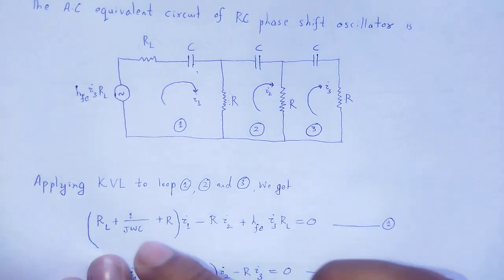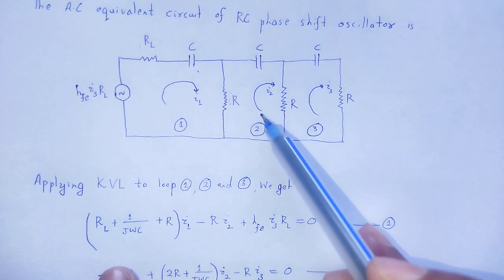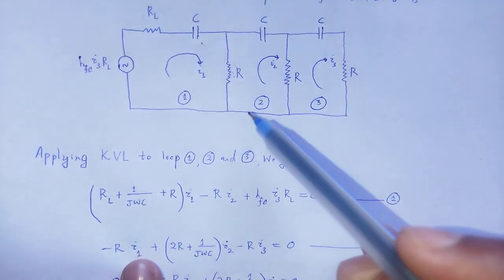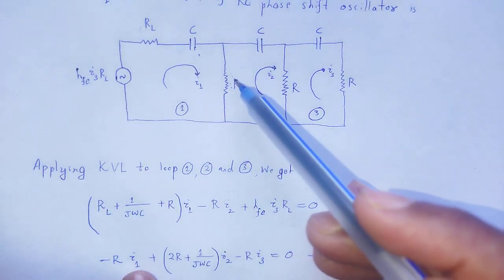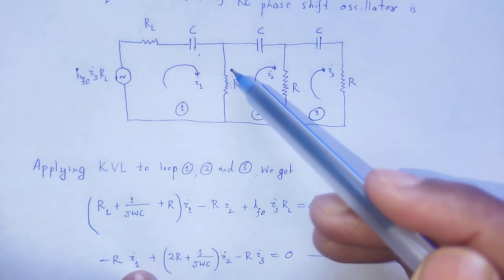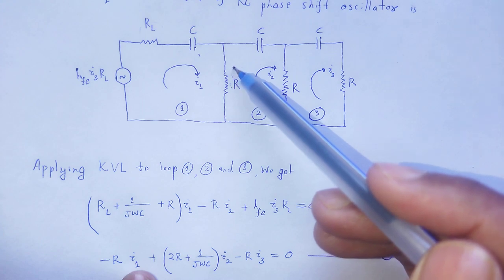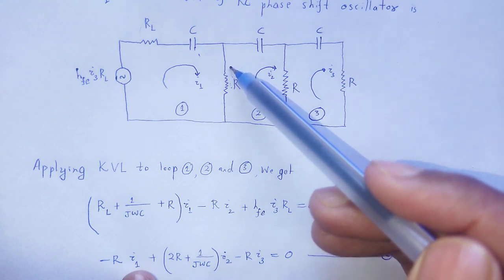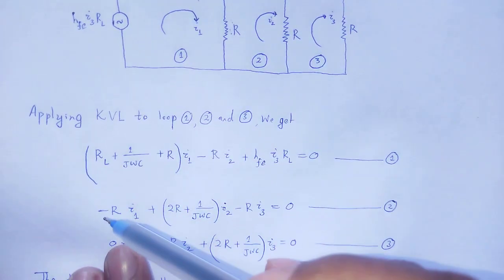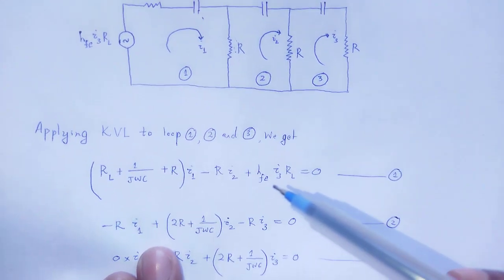Next, at loop number 2, again in terms of current: here current I1 flows through resistor R from this direction, so we take a negative sign, minus R I1.